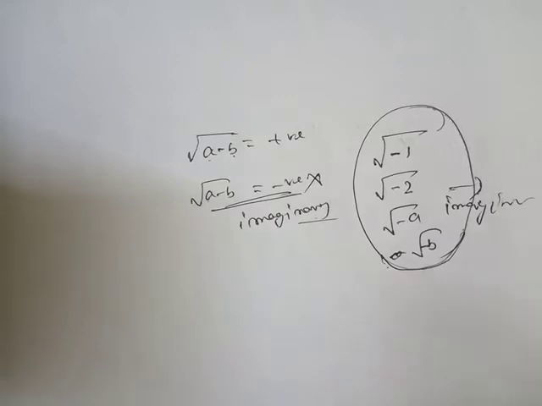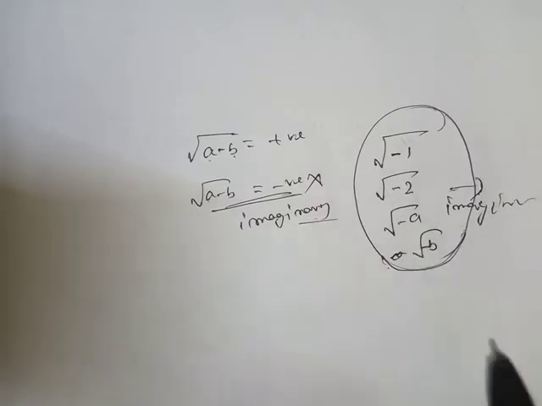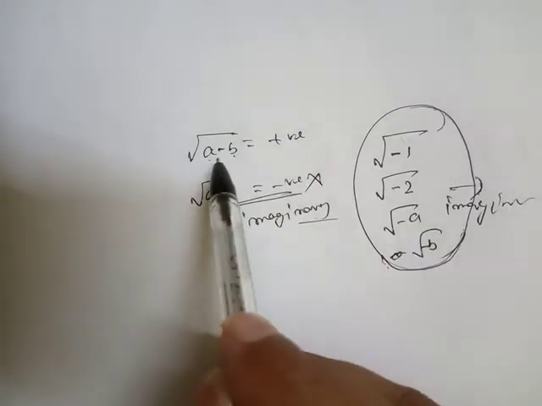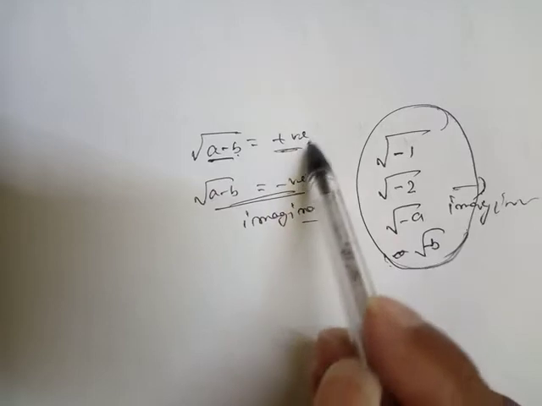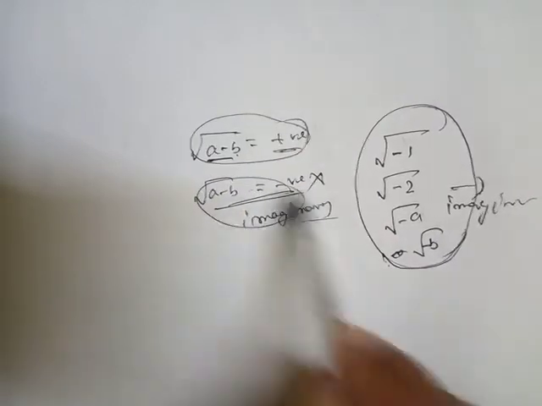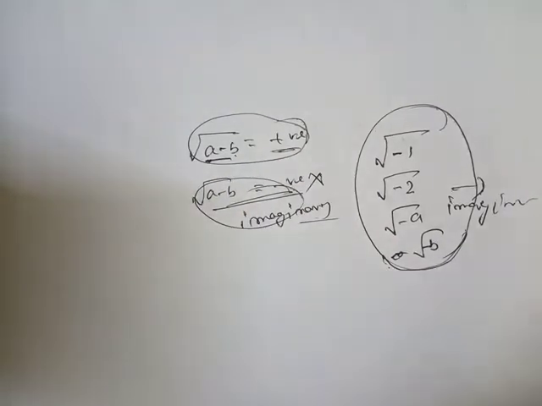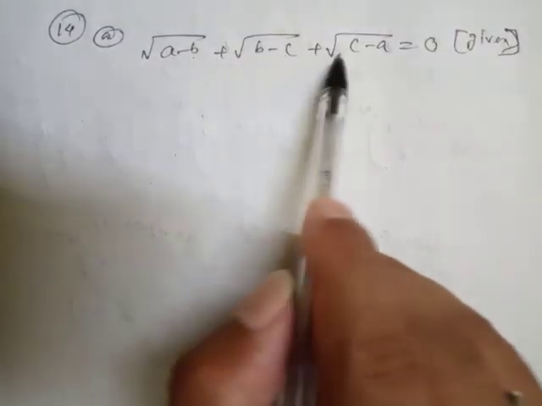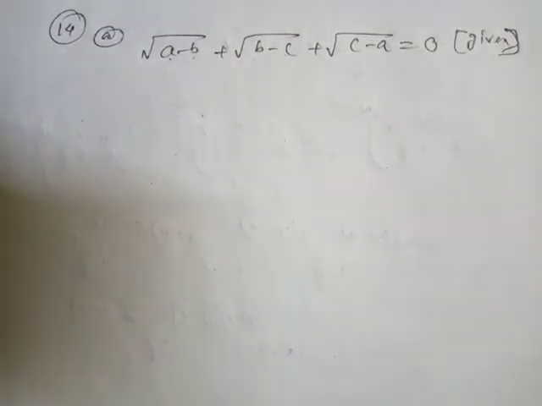Anyway, since the question is given for class 8 also, we have to solve it. So here in this question, the main concept is that a minus b should be positive. If it is positive, then okay. If it is negative, then it is imaginary, and if it is imaginary, we cannot take the value. So here a minus b, b minus c and c minus a should be positive.